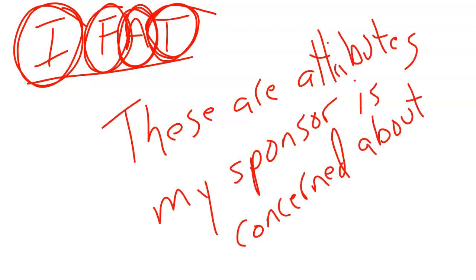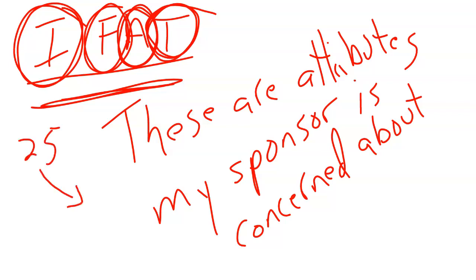An IFAT matrix, though, is not the only thing that I will use for solution evaluation. These four variables are important to the sponsor, they're important to the organization. I also, though, need to look at whatever solutions make it through my IFAT matrix. So maybe we started with 25 solutions to begin with, and IFAT has narrowed it down to the top 5.